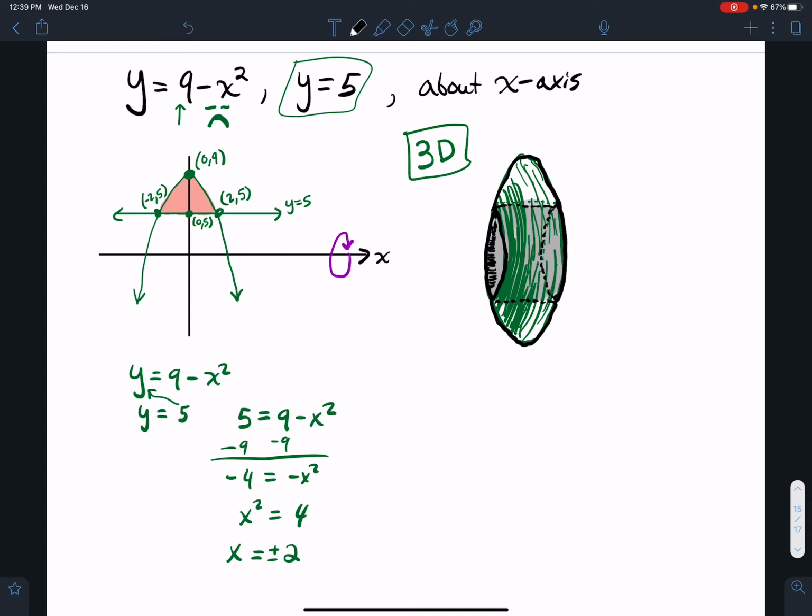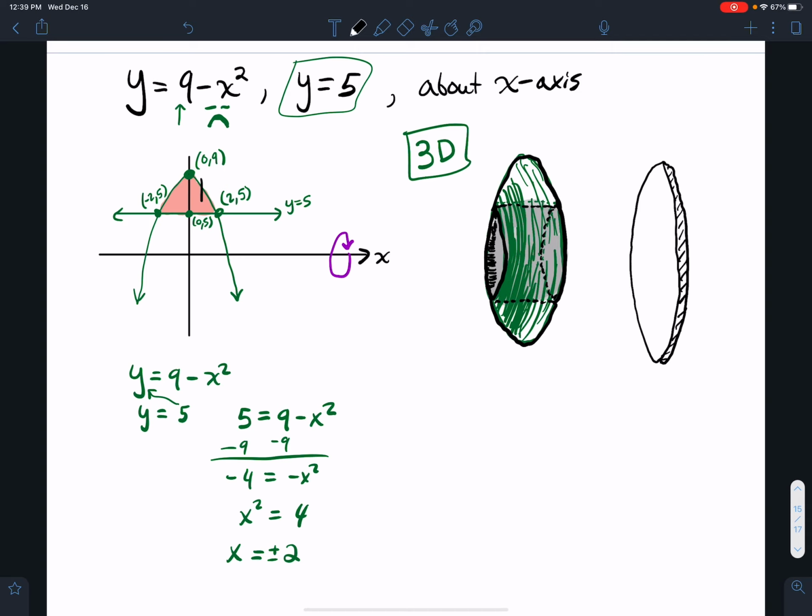So, kind of a unique shape. What would one cross section look like here? One cross section, I did a cross section here. It has a thickness. Remember, your cross sections are perpendicular, right?